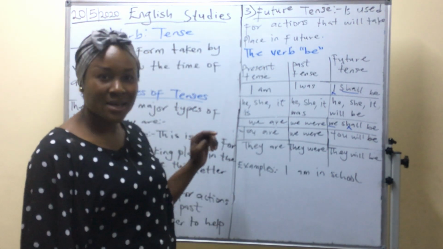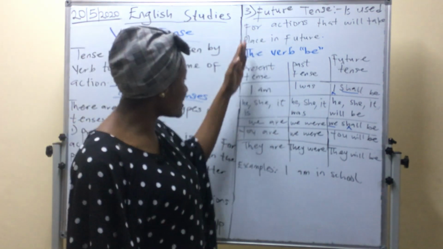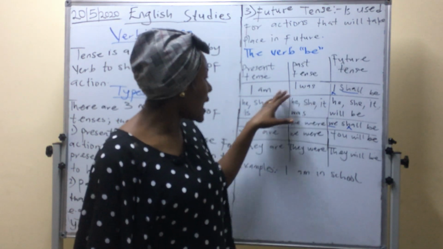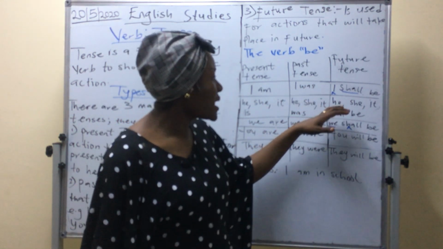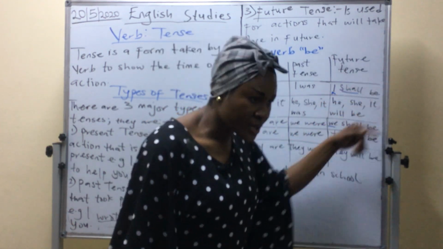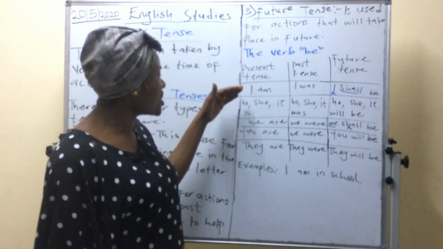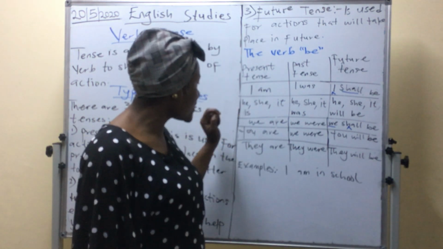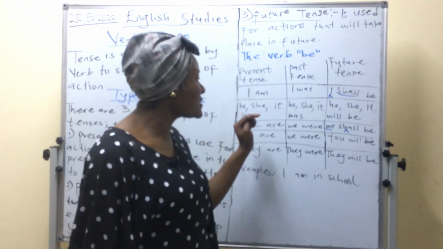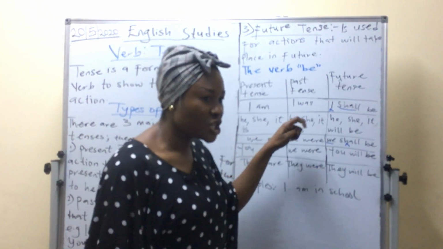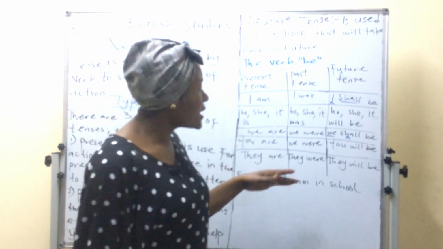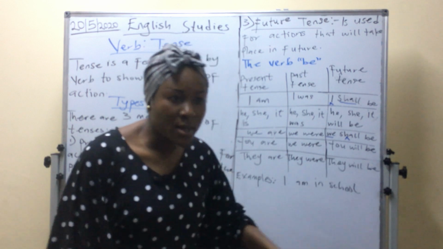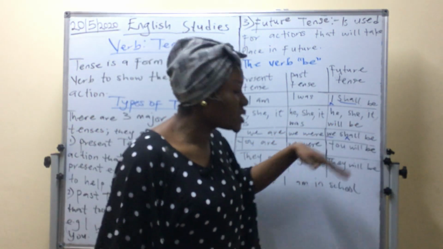Remember in the verb be, in the present tense I is used with am, and in the past tense I becomes was, and in the future tense it will be I shall be. In the present tense he, she, it, because it's singular, we use is. He is, she is, it is, and in the past tense we use was. He, she, it was. Now, in future tense, he, she, it will be.